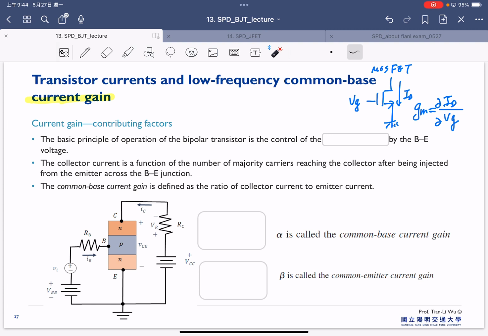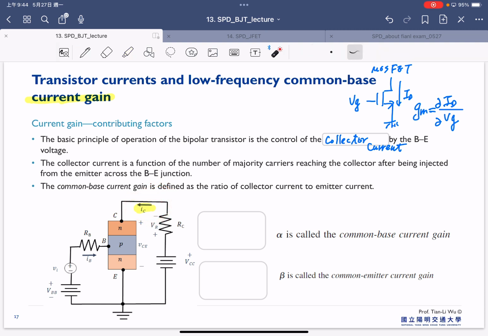We will also be very interested in the current gain in the bipolar transistor. The basic principle of operation of the bipolar transistor is to control the collector current by the base emitter voltage.